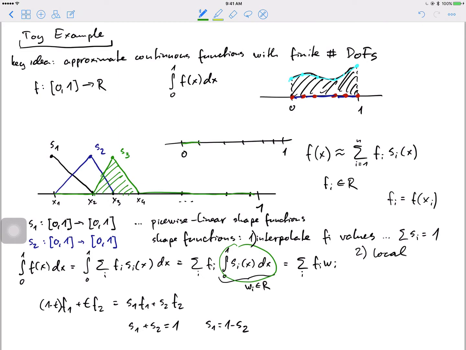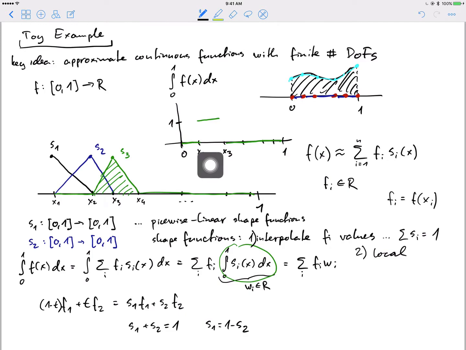So the piecewise constant would mean that it's almost everywhere 0 except for a constant 1 on some, let's say, x2 to x3. Okay, that is also a perfectly valid shape function.